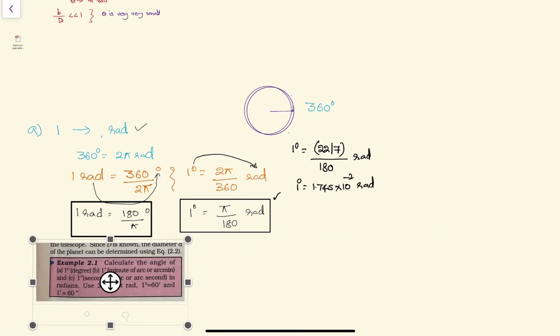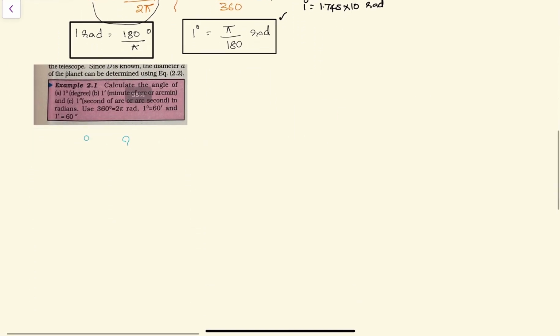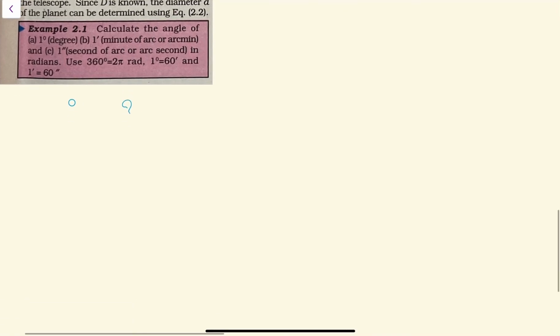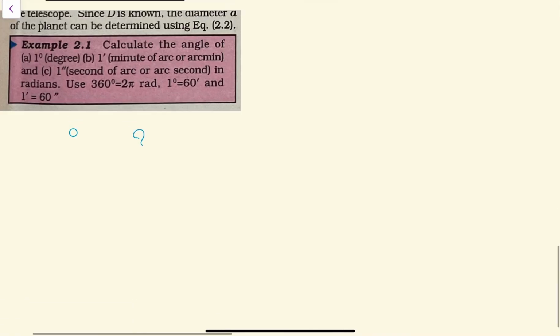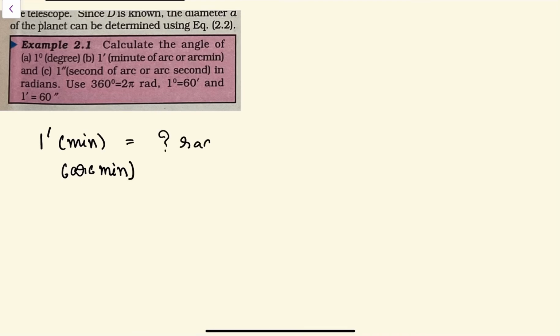Now what is the second question? 1 minute. This is the symbol of minute. We can write it as arc minute is equal to how many radians?